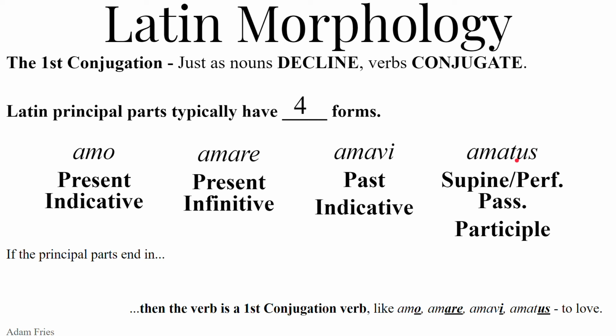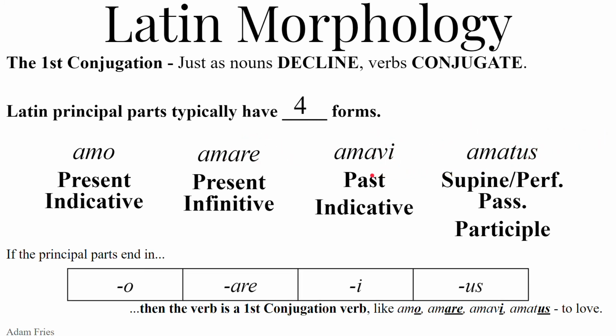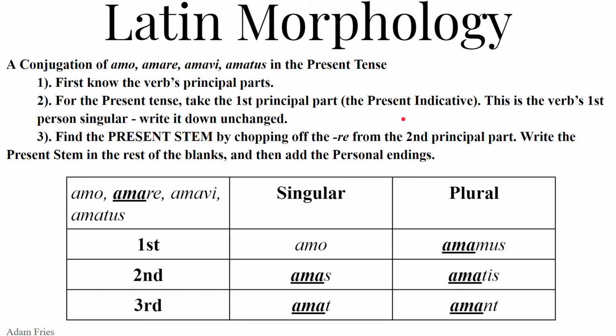So if a verb's principal parts end in o, are, i, and us, then that verb is a first conjugation verb. That's important to note. First conjugation verb. O, are, i, us. All right, how to conjugate a Latin first conjugation verb in the present tense.